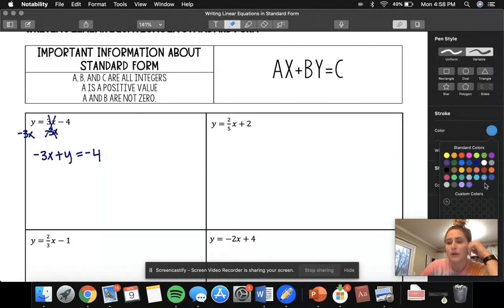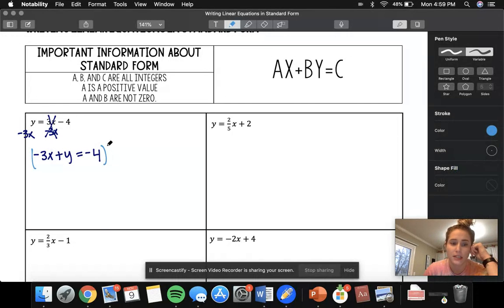Okay, so now we're going to make sure that all of these things check off. A, b, and c are all integers. Yes, yes, yes. A is positive. So right now A is negative. What we can do to change this is just to manipulate the entire equation, and we could do that by multiplying every single thing by a negative 1. Negative 1 times negative 3x would become positive 3x.